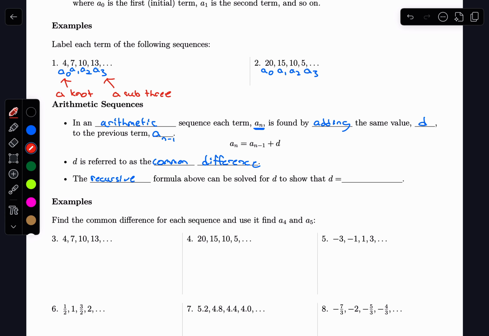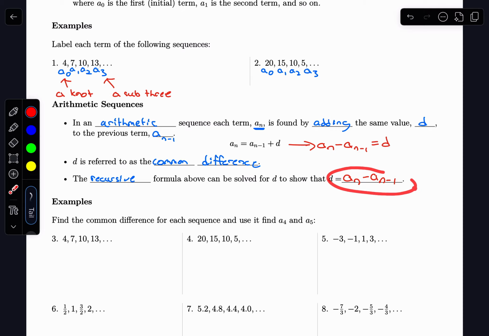If I subtract A sub n minus 1 from both sides, we'd get A sub n minus A sub n minus 1 is equal to d. So that means that d is equal to exactly what we have there, A sub n minus A sub n minus 1. Now how does that connect? Well, we learned in this class that the word difference in math means to subtract.